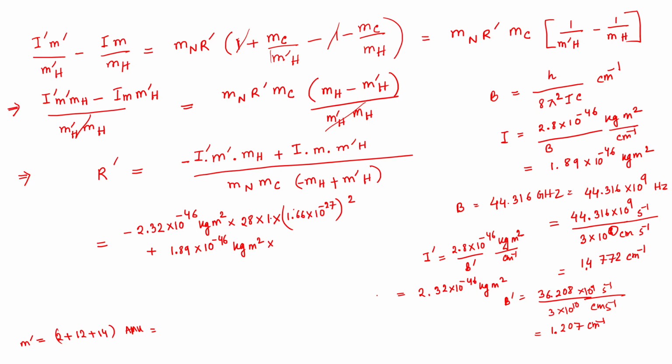Into the next part, total m is 1 plus 12 plus 14, 27 amu, into m dash is 2. See, here is the catch. M dash is 2. Now 1.66 into 10 to the power minus 27 square. So this is kg square.